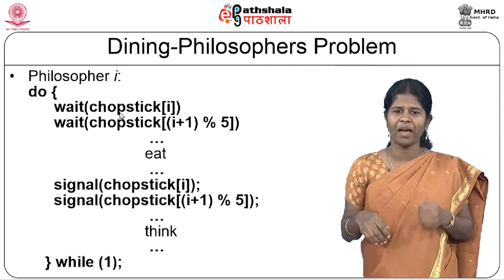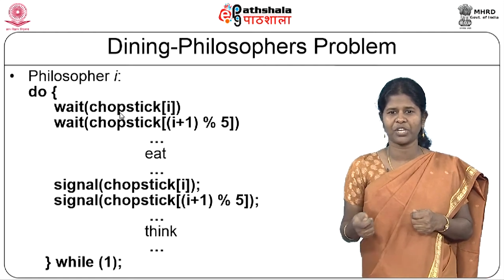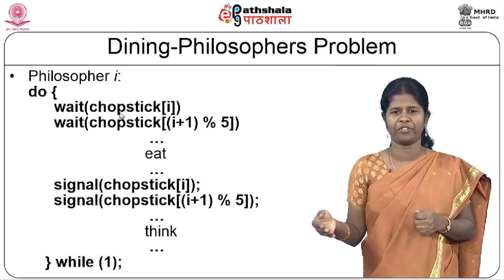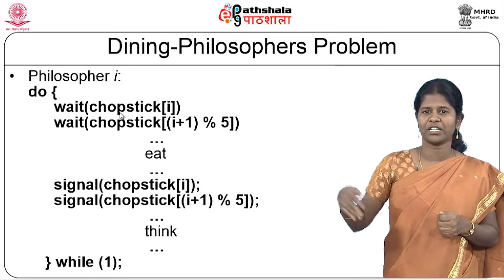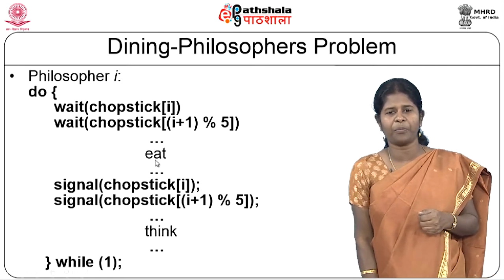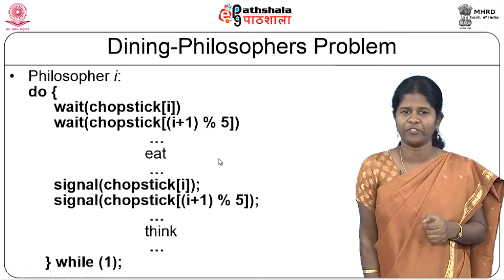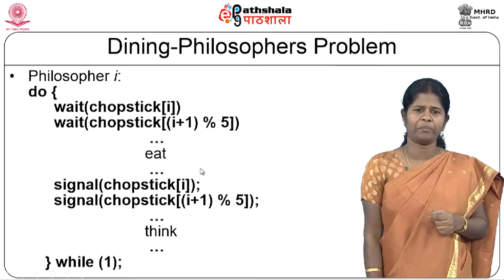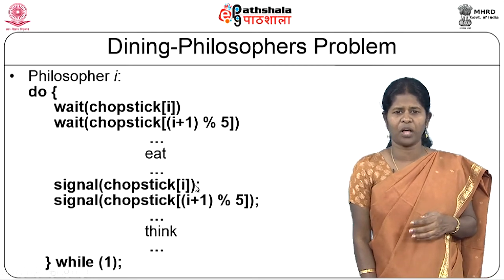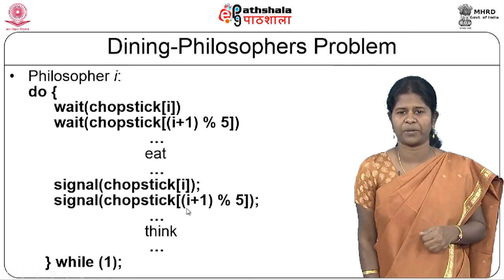Now all will have one chopstick, the leftmost, but the rightmost chopstick will be held by the neighboring philosopher, because it is his leftmost chopstick. So all philosophers will keep on waiting continuously, and this may lead to a deadlock. But this situation can be solved by many other solutions, which are given in the literature.